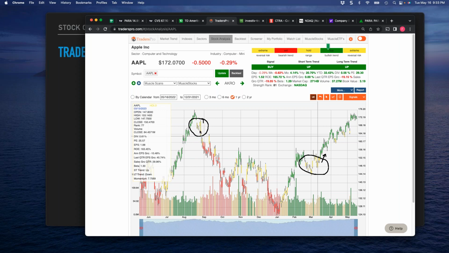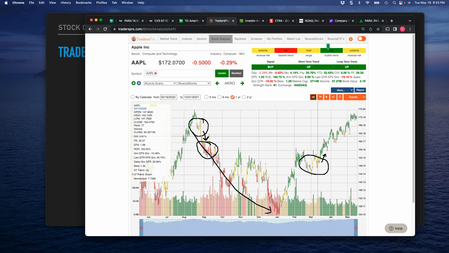That could be consolidation, but then if it breaks down further and gives you a red signal, as we see here, then this is a good indication that now the trend is reversing and we're going to see it possibly extend as it did here from August all the way into the beginning of January.